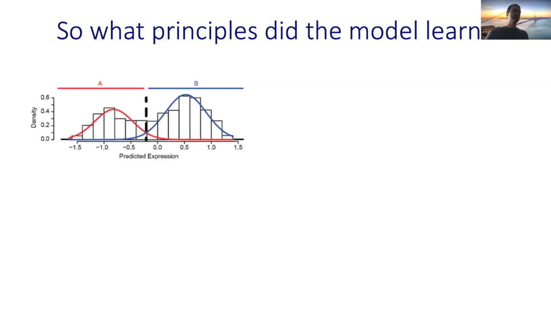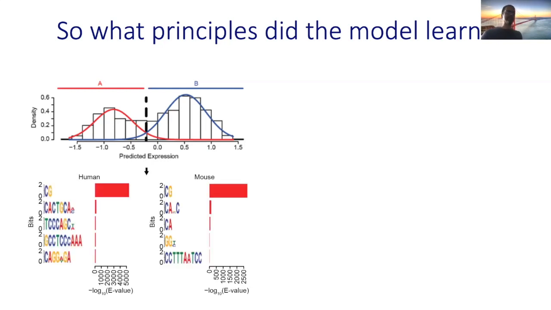So I fit two distributions on this, and I simply asked the question, what sequence-based features discriminate these two classes, using an algorithm called DREAM, which is part of the MEME suite.